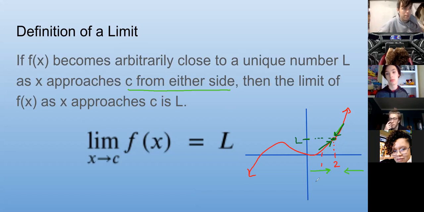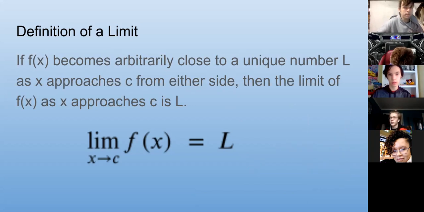So what we're talking about here is as x approaches 2 from both sides, from the left side and from the right side, are both included there. Hopefully that gives you a brief introduction to what we're talking about with limits, and we can look at a bunch of examples and see more specifically different ways that we can identify what a limit might be.